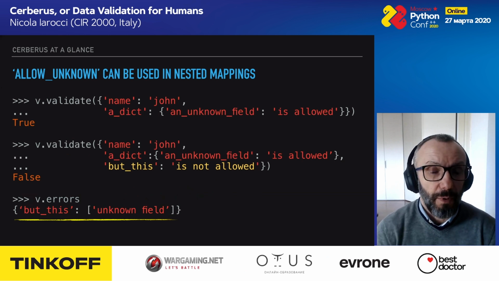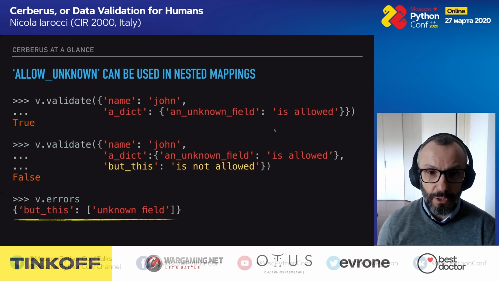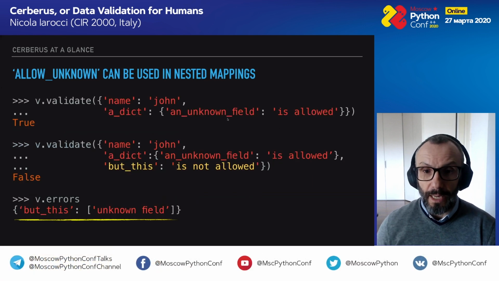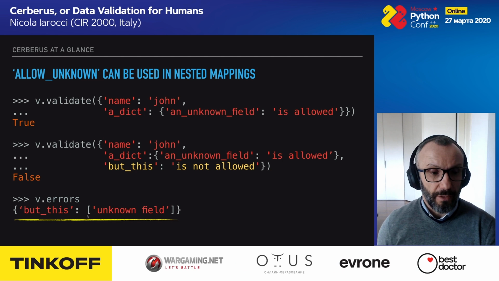Here we have a full example. The main document has a name, John, and our dictionary has an unknown field which is allowed. But if we try to use an unknown field in the main document, like this field here, it will be rejected, as we see here in the errors.